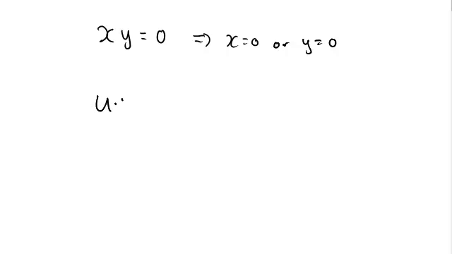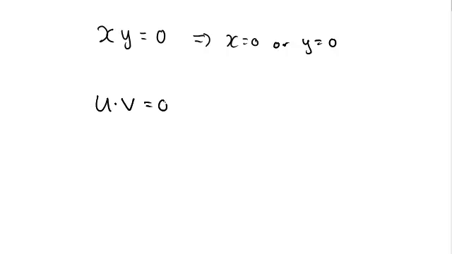A result very similar to this is that if you have 2 numbers and you know that x times y is equal to 0, well, then you conclude that either x is 0 or y is 0, or both. But it certainly cannot be the case that both x and y are different from 0. For the dot product, it's not true.